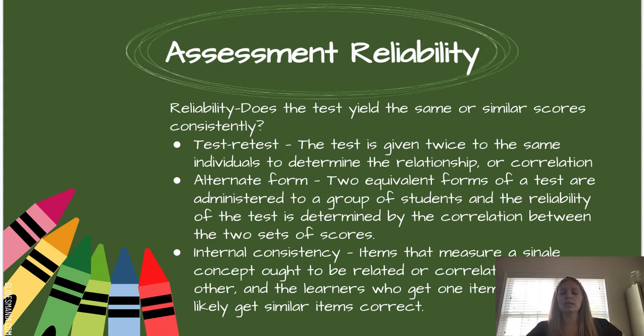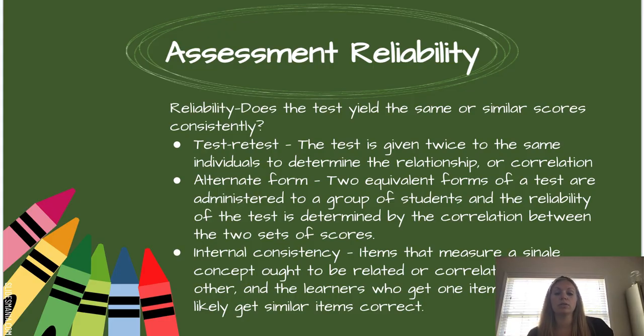So does this test yield the same or similar scores consistently? If I were to retest them, would they get relatively the same if I haven't retaught or anything like that? Alternative forms: looking at different groups and the correlation between these two sets. And then internal consistency: measures of a single concept ought to be related or correlated with each other.